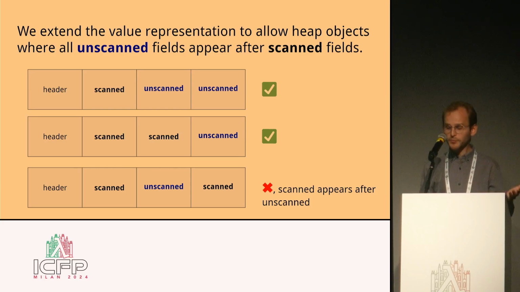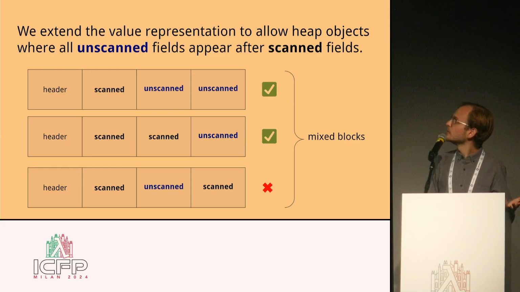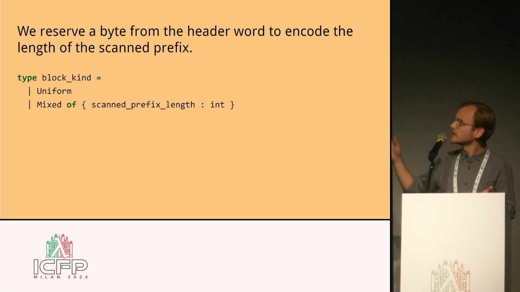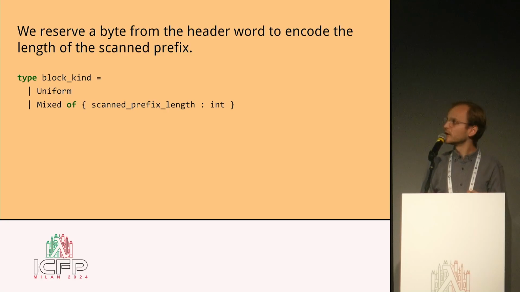To implement this, we use the header word to encode the length of the prefix of the heap block that should be scanned by the garbage collector. This new data in the header word is effectively an encoding of this variant here, where the first constructor, uniform, is the old backward compatible meaning, and the mixed constructor is the new thing.